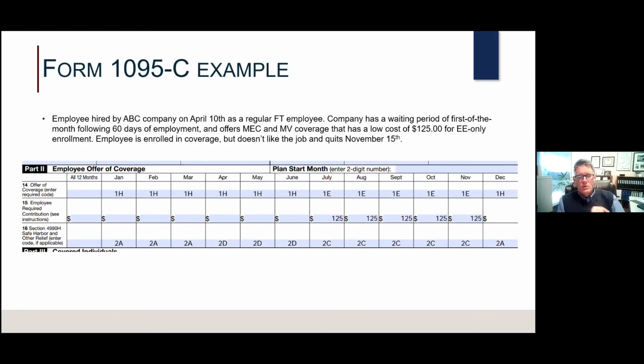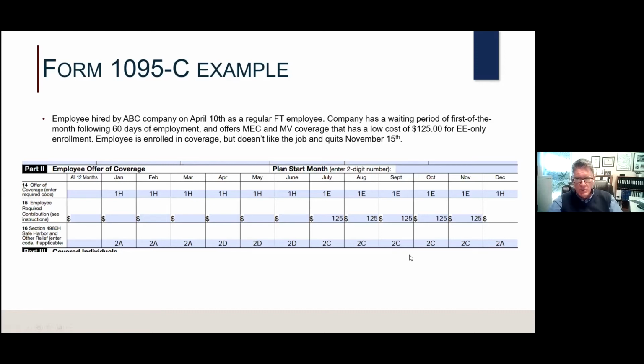You don't put the gold prices on this form, you put the low-cost bronze prices on this form. Likewise, an employee may buy up to add a dependent, to add a spouse, and may actually be paying more for the insurance, but you only put in the lowest possible cost for employee-only coverage on line 15.